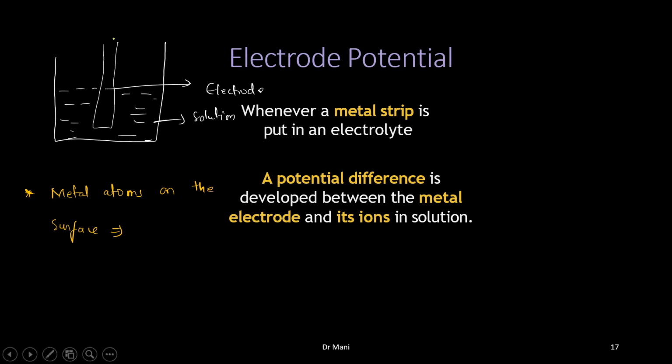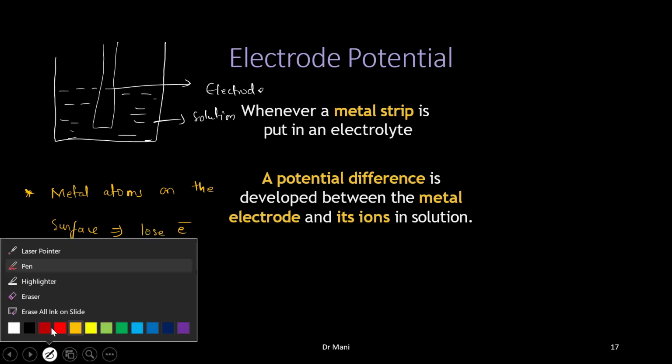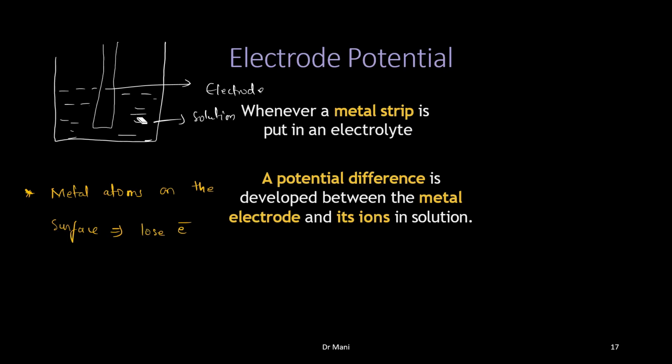So the metal atoms on the surface lose electrons. Where will those electrons go? They will go into the solution, the liquid, the electrolyte.